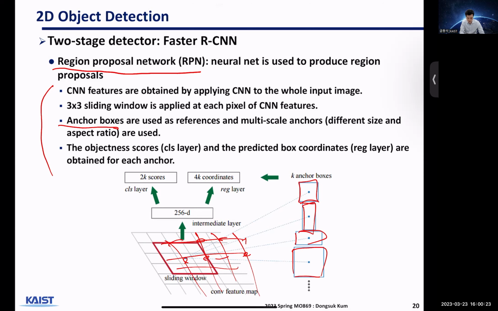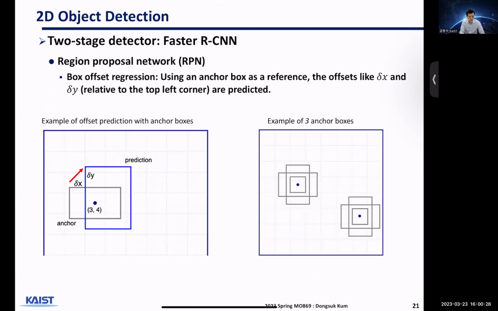This is called anchor boxes, and this is the region proposal network. For these anchors, you can train whether there's an object in the anchor box, and you also compute the offsets.